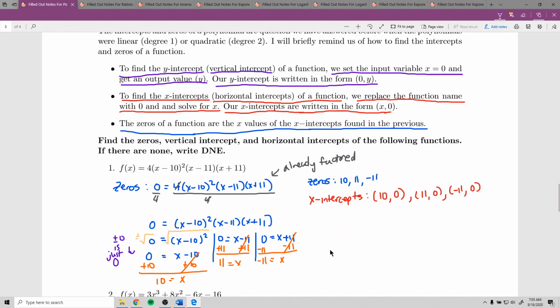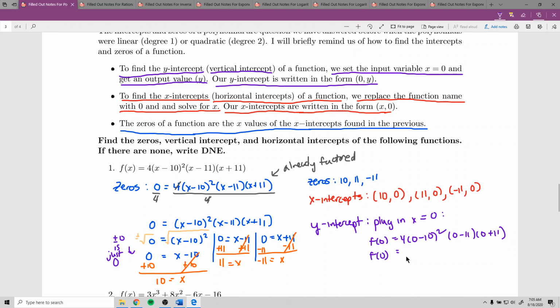And then the y-intercept is a totally separate thing, but it's usually the easiest thing to do. What do we do to get the y-intercept? We plug in x equals 0. So we get f of 0 equals 4 times (0 minus 10) squared, plugging it into the original, times (0 minus 11) times (0 plus 11).